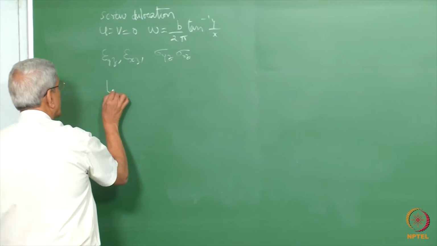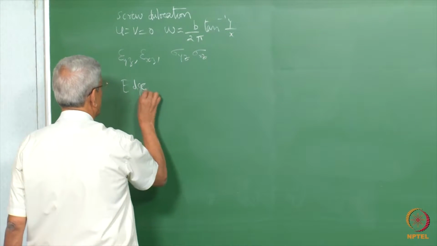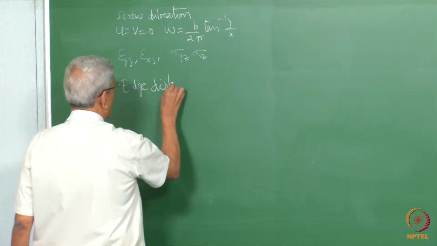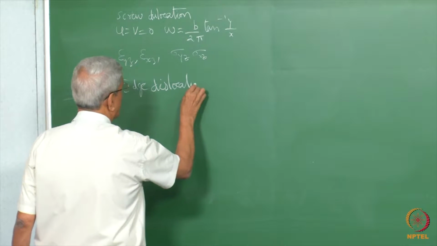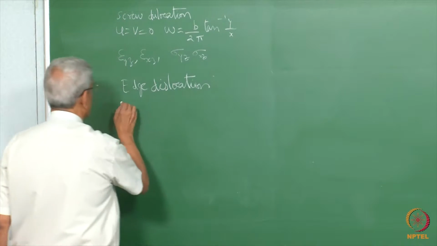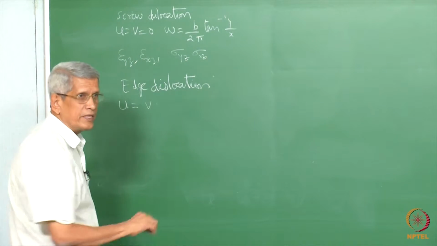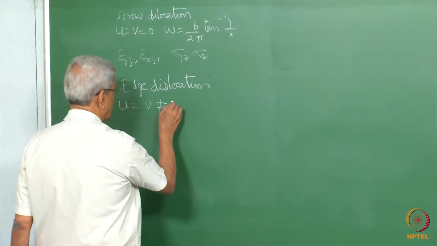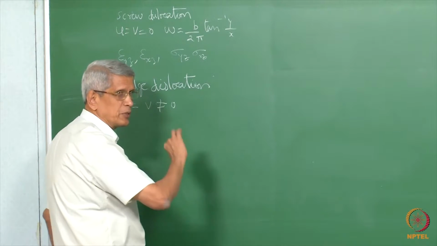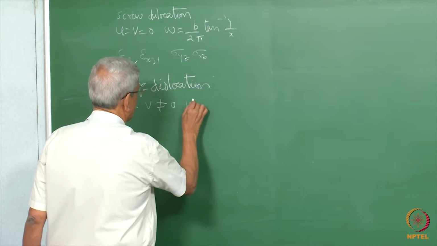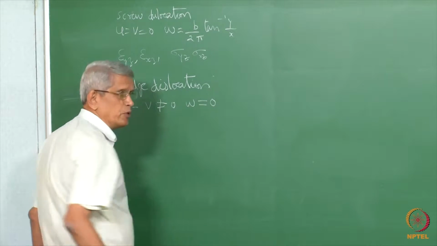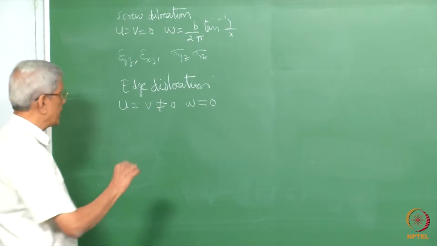What happens in the case of an edge dislocation? U and V exist, right? The displacement field is not equal to 0, with the expressions which you had seen in the last class. W equals 0, correct?